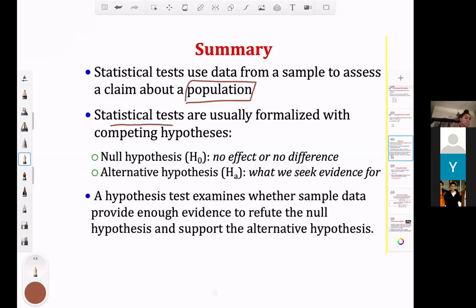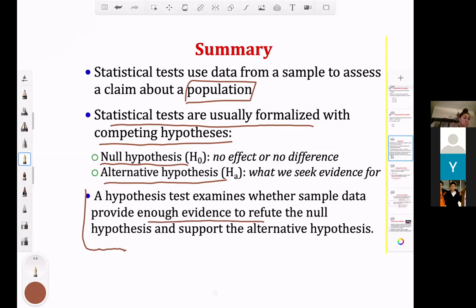Statistical tests are usually formalized with competing hypotheses: null hypothesis, alternative hypothesis. A hypothesis test examines whether sample data provides enough evidence to refute the null hypothesis and support the alternative hypothesis.